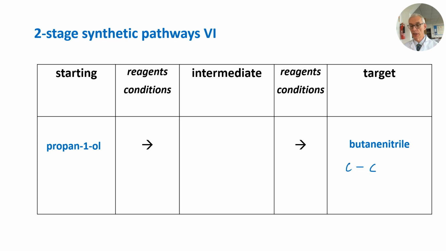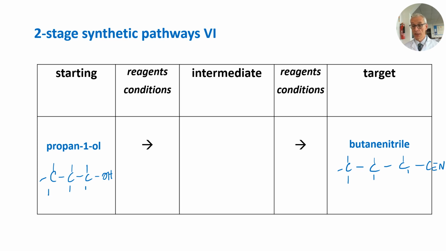So it's 3 carbons and then the nitrile group. So there is butane nitrile. So propan-1-ol, just in shorthand, is like so. So how can we convert propan-1-ol to butane nitrile? Pause, write out a solution and come back to check against mine.